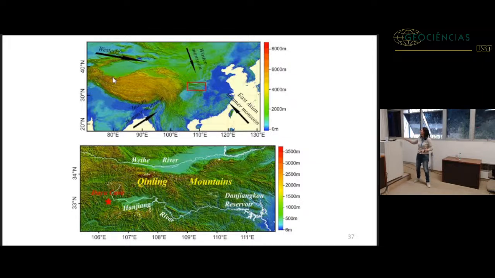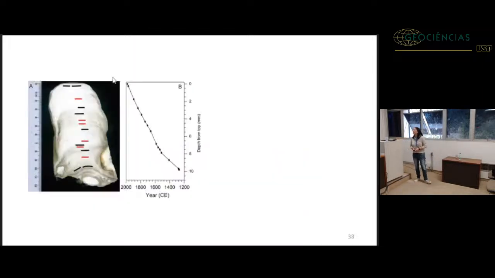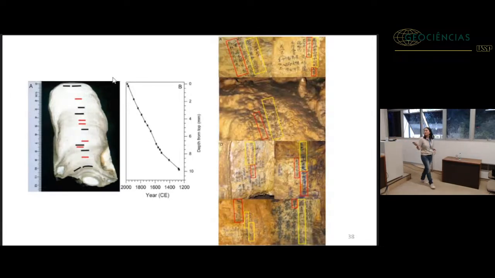Okay. They found a good speleothem with good ages, covering the last 600 years. And how to connect it to historical events? Here, they were luckier than me because the historical records were written inside a cave.